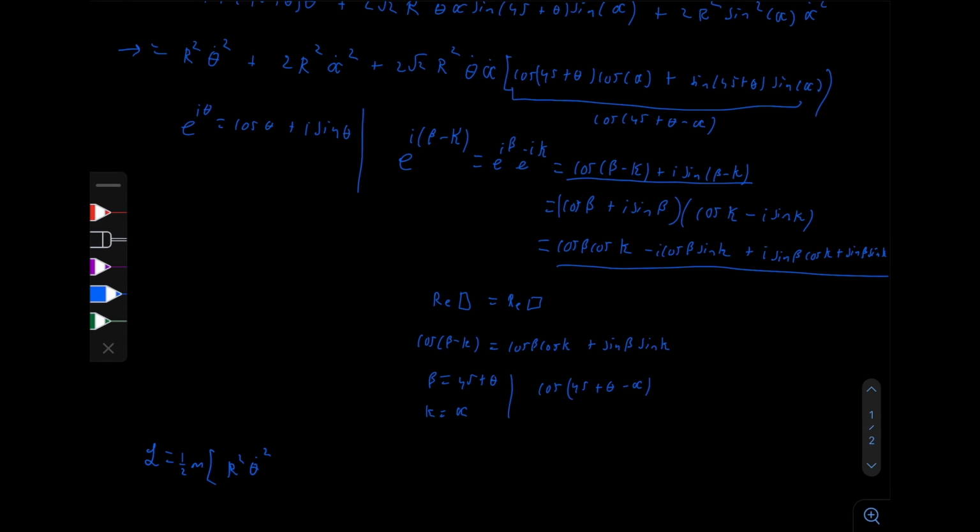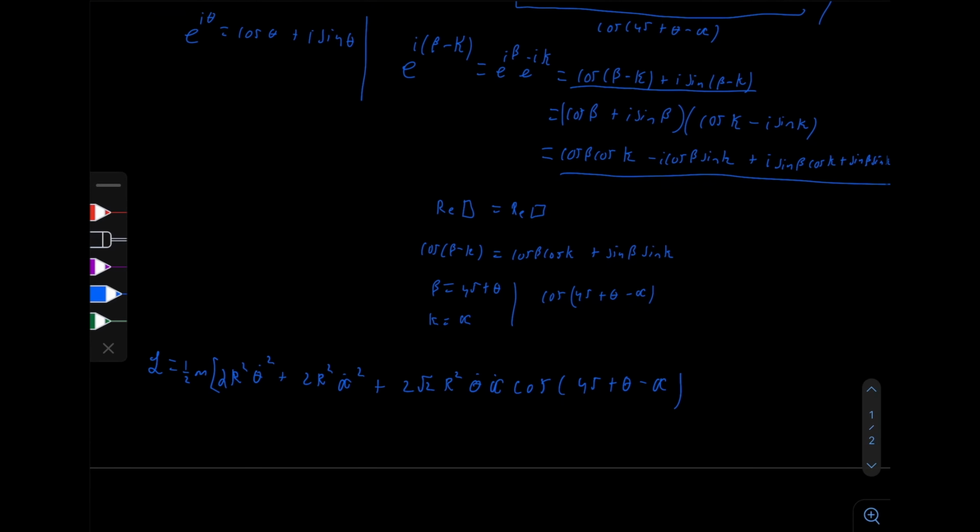So we'll have another r squared theta dot squared. So we'll have two of these right there. And then a 2r squared alpha dot squared. Okay, that's the kinetic.